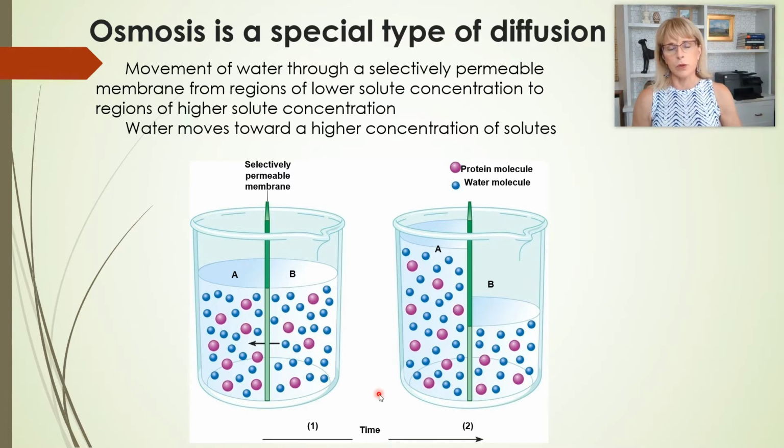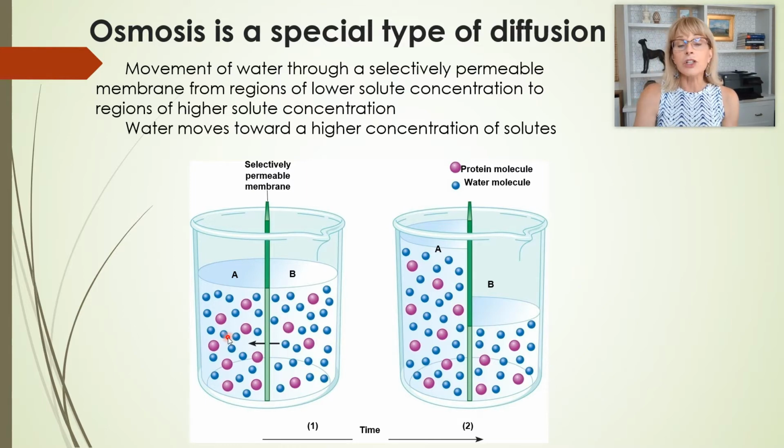Perfect setup for osmosis. In the situation where there's a selectively permeable membrane and where the concentration of solute is greater on one side of that membrane, then water will move from the side that has less solute to the side that has more solute.